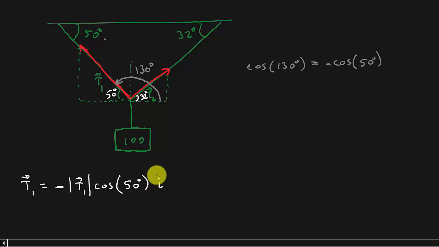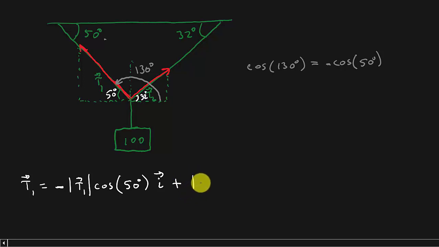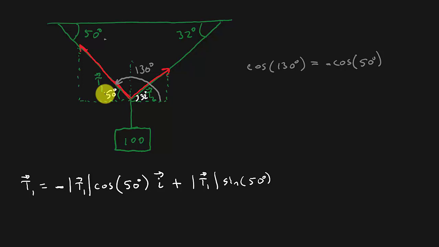And then that's times vector I. And then that's going to be plus, all right, so now what do I need? I need the vertical component. So that's the magnitude of T1 times the sine of our angle, 50 degrees. You might be wondering, how come there's no negative in front of that?